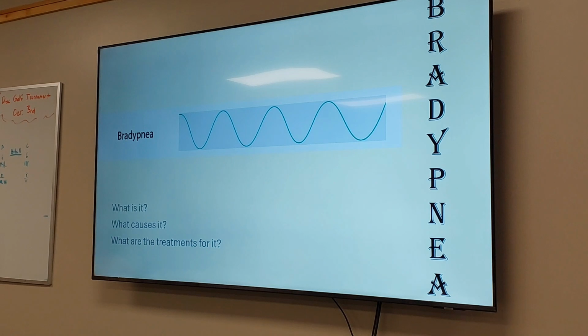Overdoses, lung disease, airway obstruction, brainstem injury, weak muscles, like if they have muscular dystrophy or stuff like that. You can see slow heart rates. So our treatments, again, you find your cause, treat appropriately.